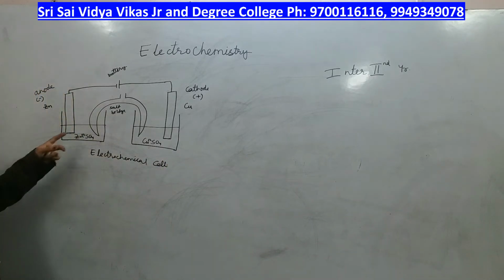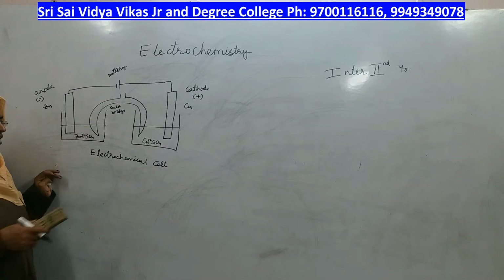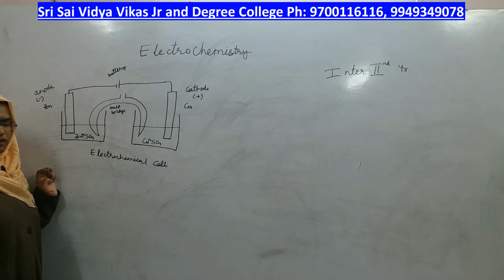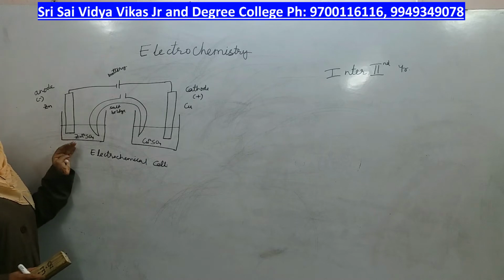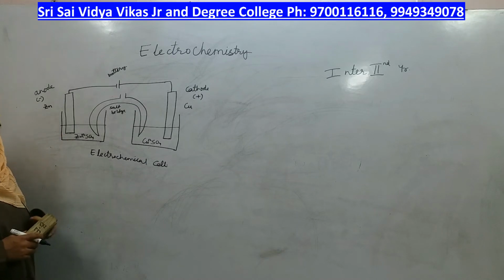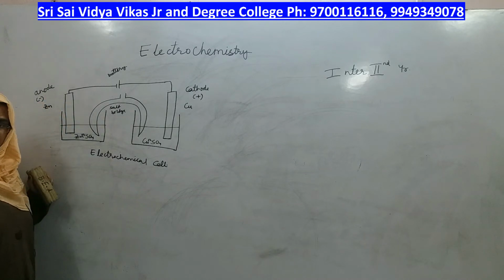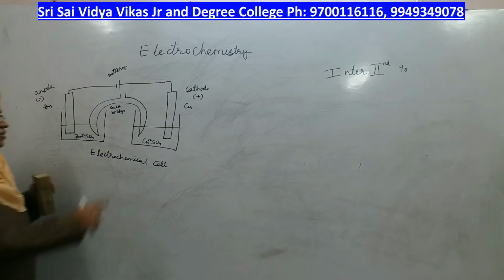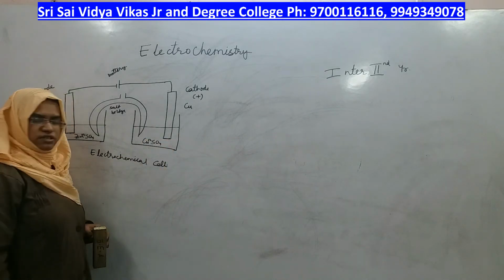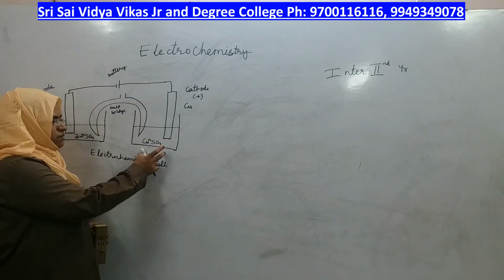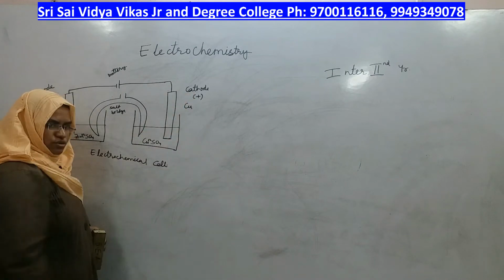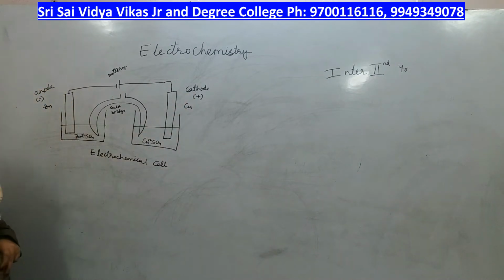So this is the general setup of an electrochemical cell. What we saw in the last class was that an electrochemical cell has two parts: one is called a half cell and the other is called another half cell. The half cell on the left side of the setup has the anode electrode and undergoes oxidation reactions. The half cell on the right side has the cathode electrode and undergoes reduction reactions.